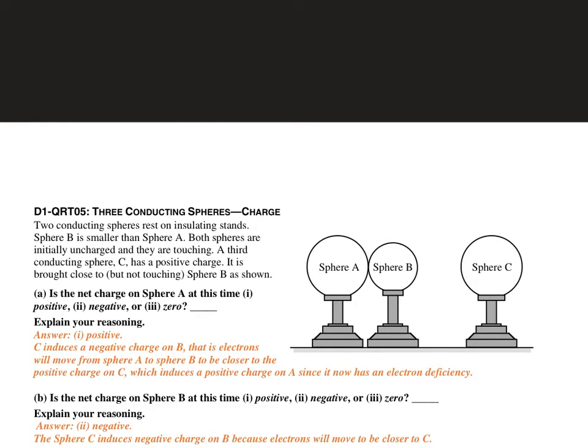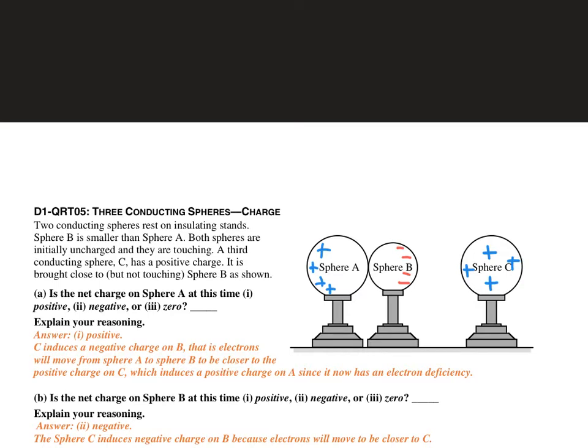All right, so this first question, the answer is given already. Is the net charge on sphere A at this time positive, negative, or zero? So if you bring a positively charged sphere near, that means a bunch of negatives want to come over here, which means a bunch of positives are exposed over here.